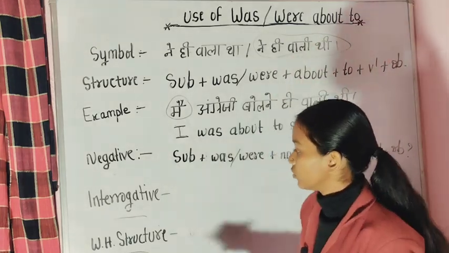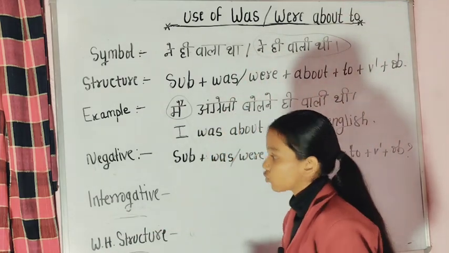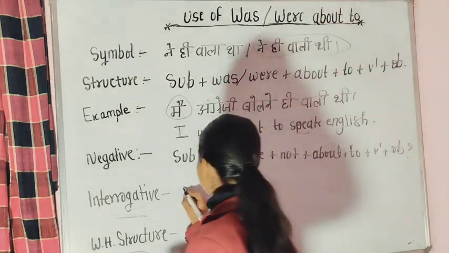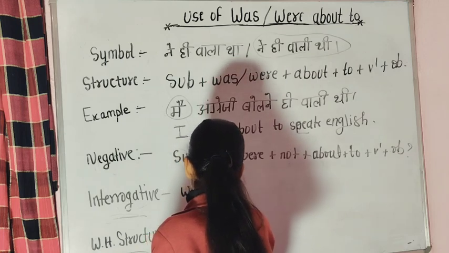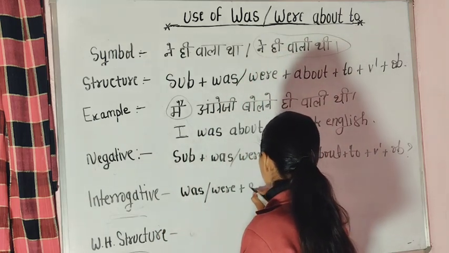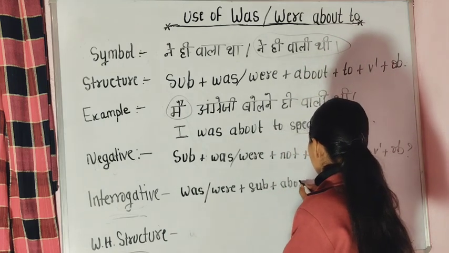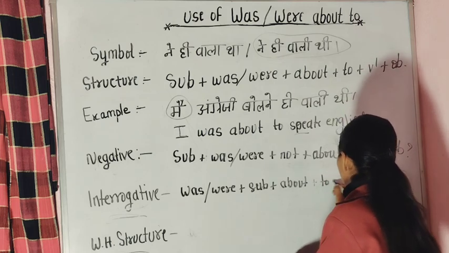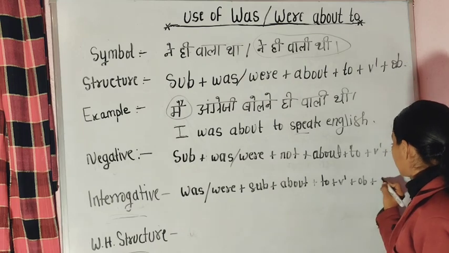Okay, so let's move to interrogative structure. We have to write the interrogative structure to make a sentence correct. Was/were plus subject plus about plus to plus verb 1 plus other object plus question mark.